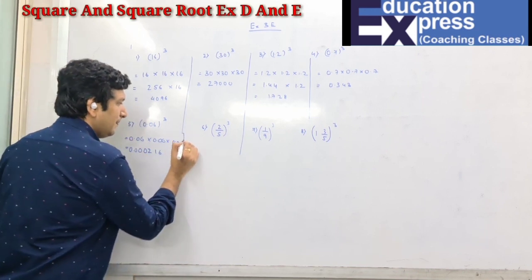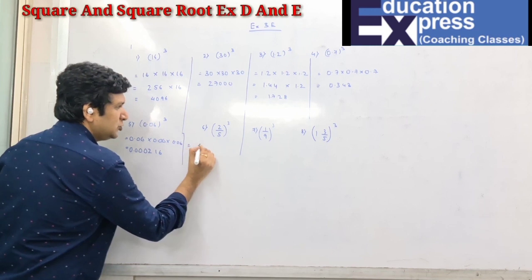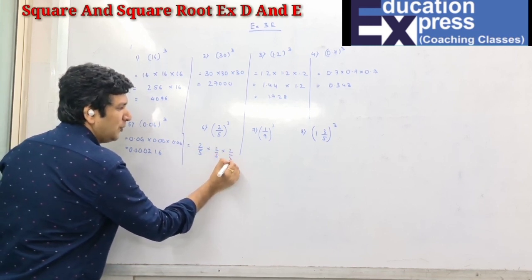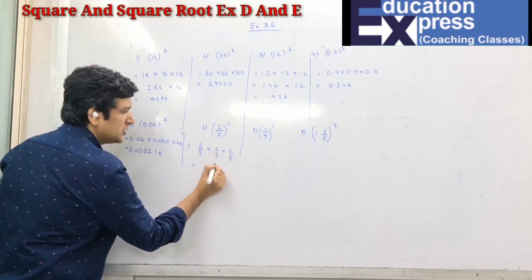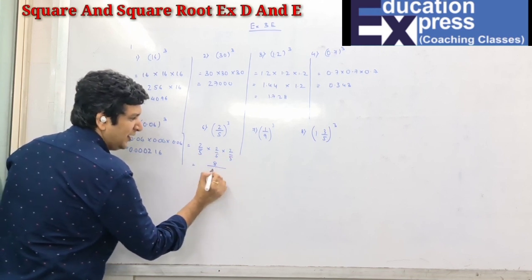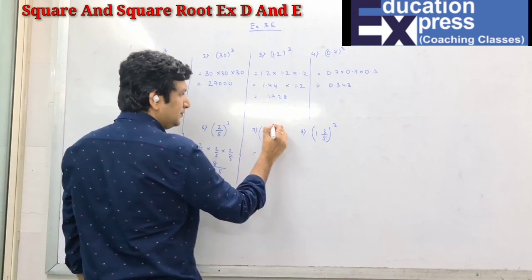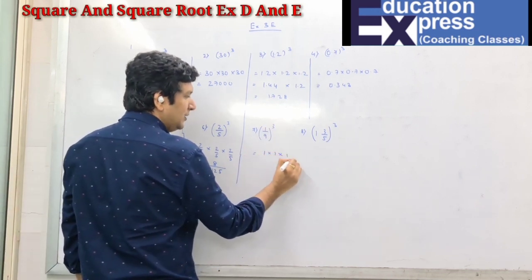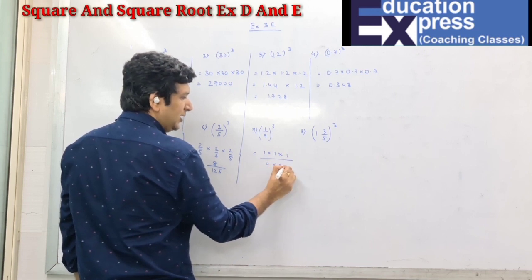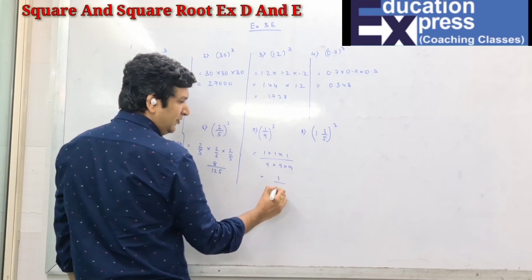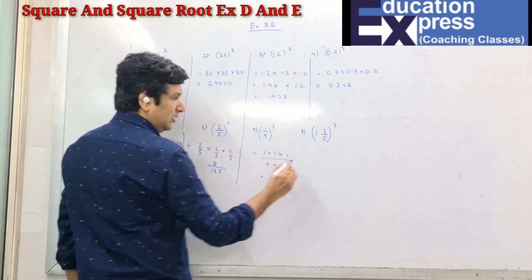So again now, 6th question, 2 upon 5 cube is 2 upon 5 into 2 upon 5 into 2 upon 5. 2 2s are 4, 4 2s are 8, 5 5s are 25, 25 5s are 125 is the answer. 1 cube is 1 into 1 into 1, and this is 9 into 9 into 9. 1 into 1 into 1 is 1. 9 9s are 81, 81 9s are 729.